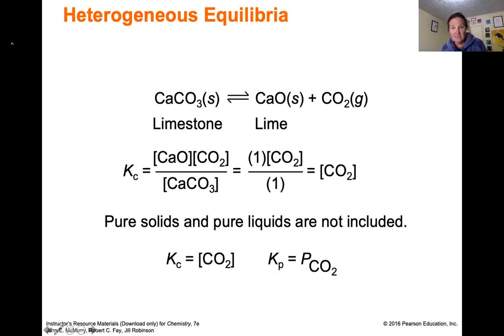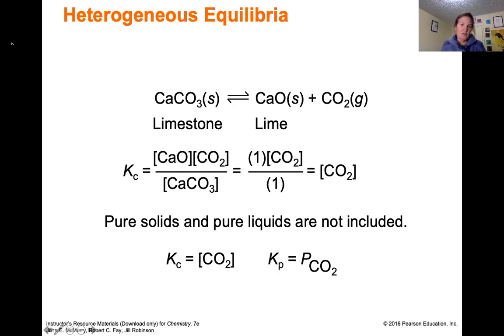So for heterogeneous equilibrium, a reaction like this one, where you have limestone, calcium carbonate, going to form calcium oxide and carbon dioxide, the solids really have a constant concentration. You might have a different quantity, but the concentration is really just equal to their densities.